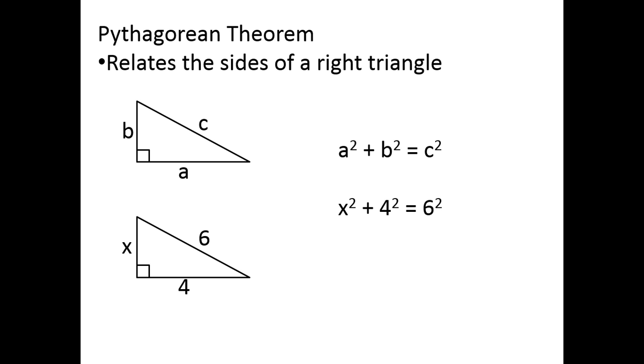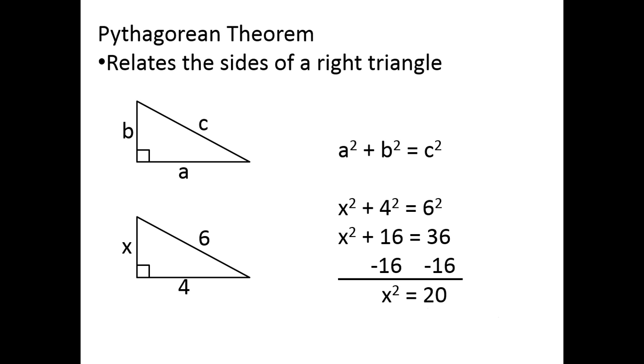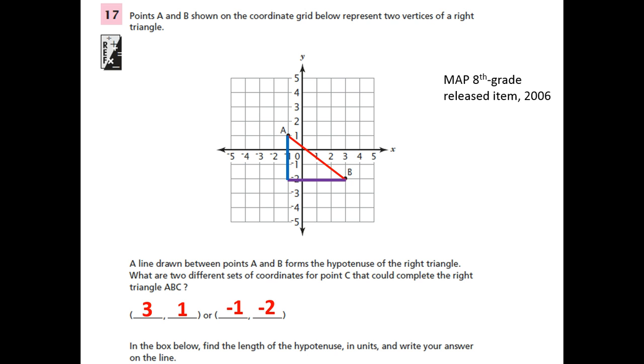So we could say that x squared plus 4 squared equals 6 squared, which means that x squared would equal 20, and x would be the square root of 20, which we could simplify as 2 times the square root of 5. So we can find the length of any side of a right triangle if we know the other two sides' lengths. So let's go back to this question.